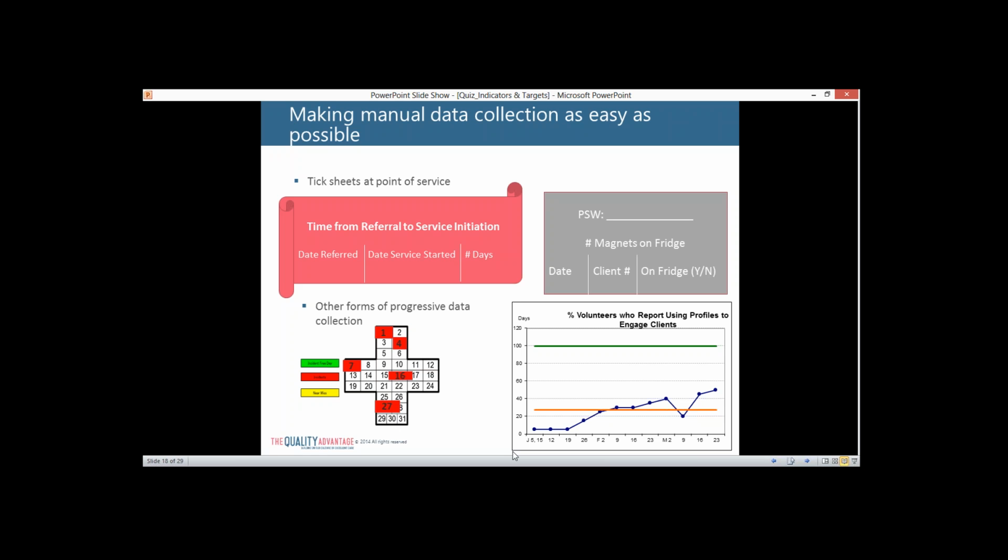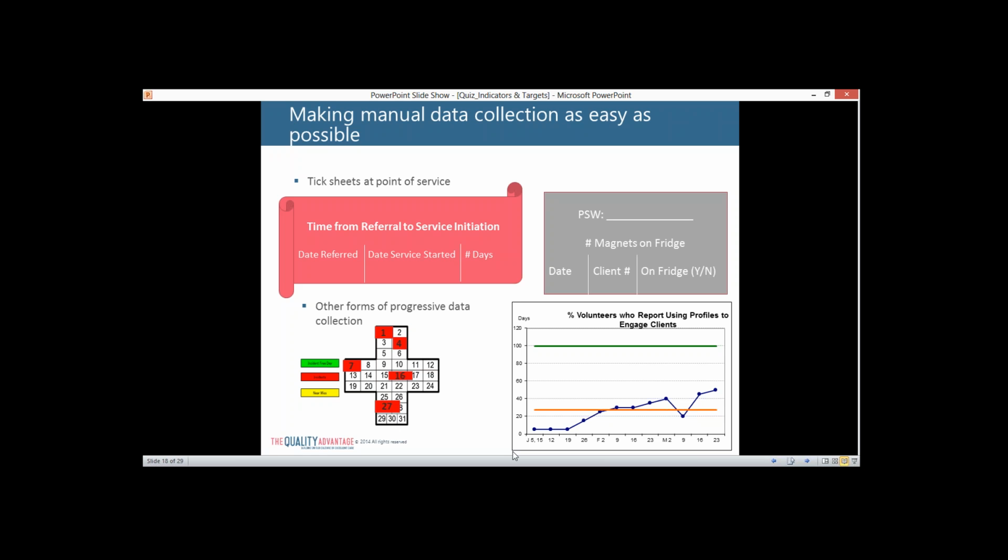This is also for a project in the field where they're looking at volunteers engaging with clients who have dementia. Actually, it shouldn't say days at the top of the column, I just realized as I look at this. It's actually the percentage of volunteers who report using profiles to engage clients.